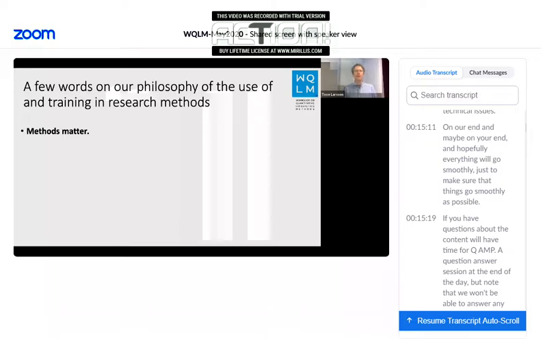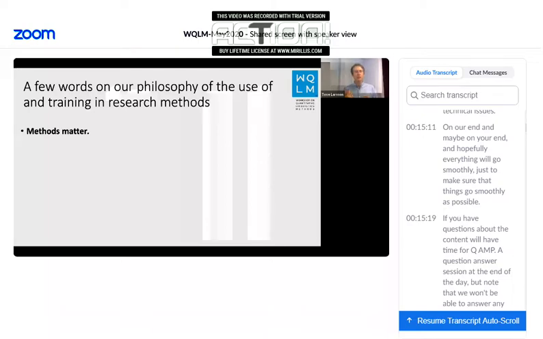These introductory comments are really about our philosophy on the use of research methods and the training of research methods. Methodological training, which is something I spend a lot of my professional time working on, has to balance both the conceptual side of things as well as the practical. If we don't have the conceptual, we're not going to have a clear rationale and justification for why we do the things the way that we do them.